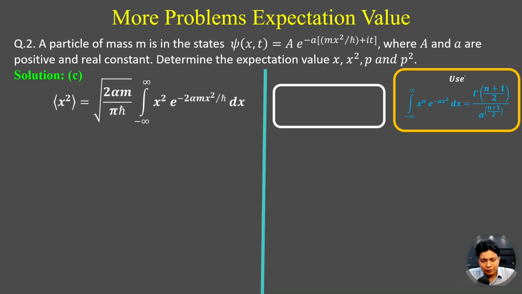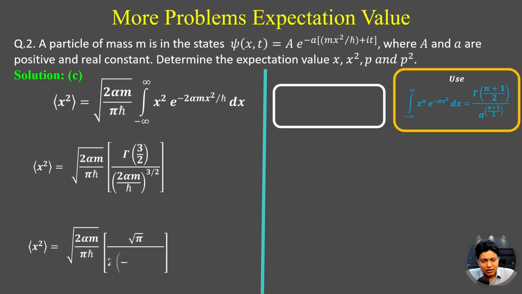Use this formula: x power n e to power minus alpha x square dx, limit minus infinity to plus infinity, will be gamma function (n plus 1) by 2 upon alpha power (n plus 1) by 2. Here n is equal to 2. So use this integral. This will be under root 2 alpha m upon pi h cut, gamma function 3 by 2 upon (2 alpha m upon h cut) power 3 by 2.